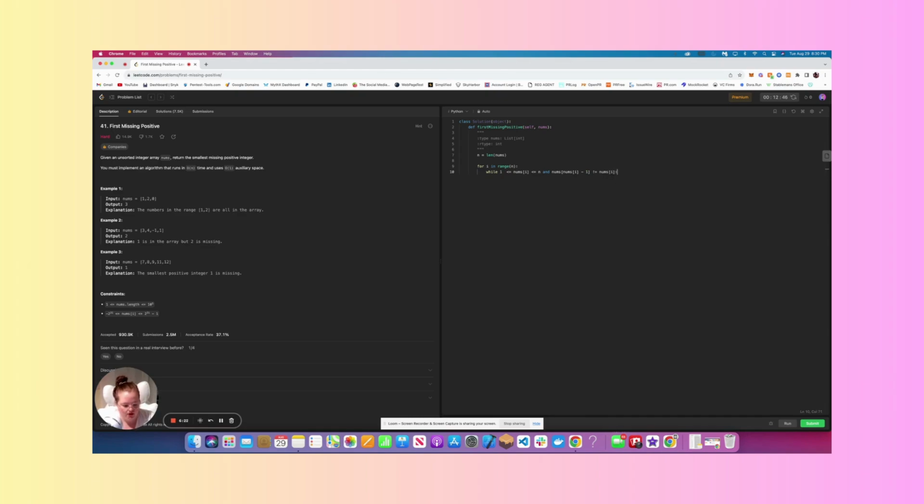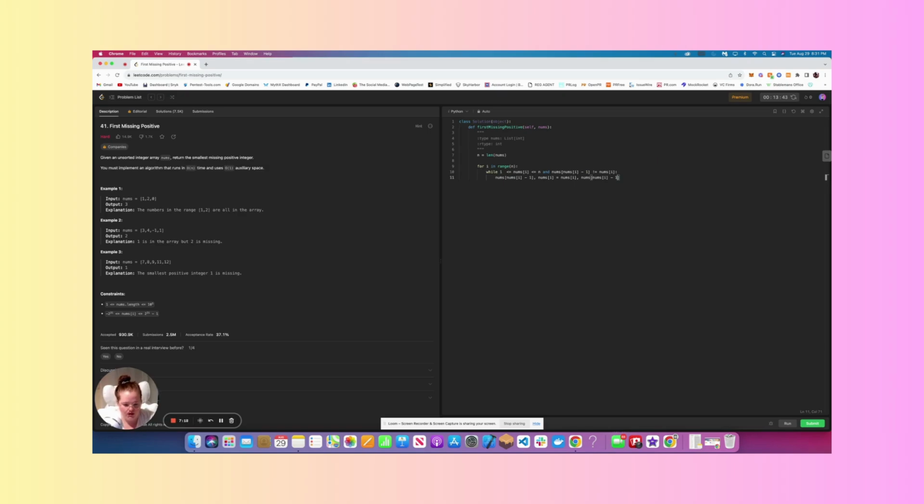Then I can swap so that nums[nums[i] - 1] equals nums[i], the same index, and then I want to do that decrement again with nums[i] minus 1.